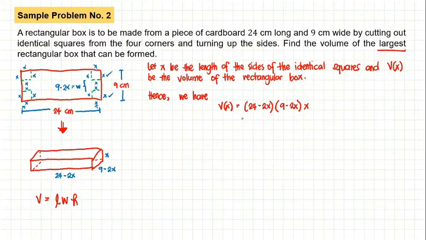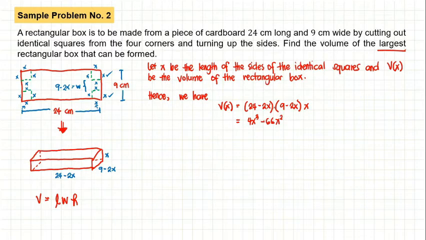This is now equal to 4x cubed, then negative 18x squared, negative 48x squared, so you have negative 66x squared.